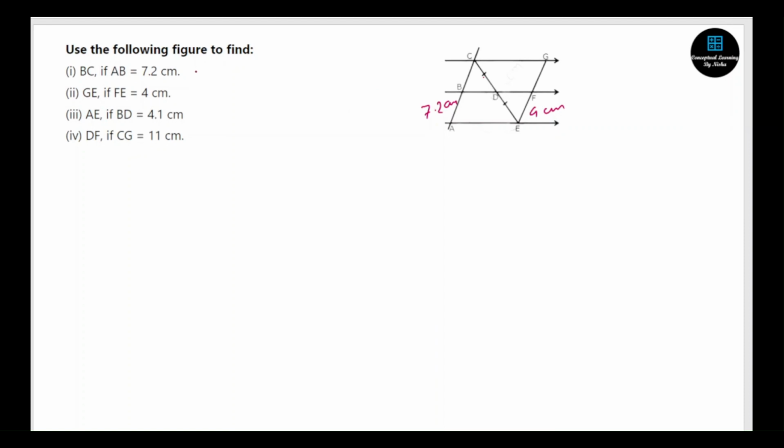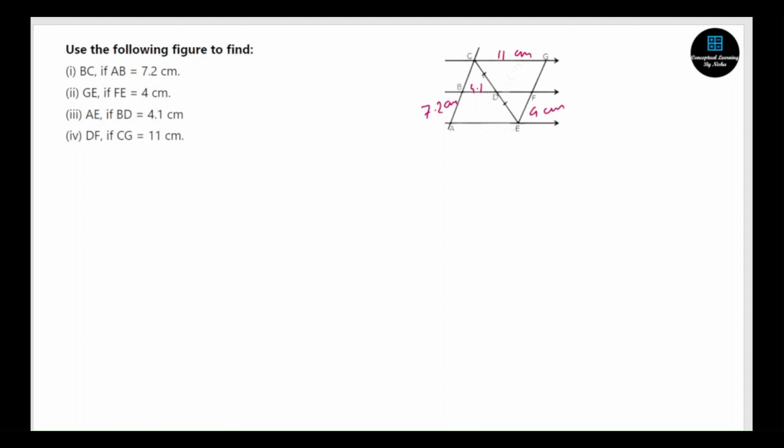Then BD is 4.1 centimeter, and CG is 11 centimeter, and we have to find some lengths. Okay, BC, GE, then AE and DF. All right, so let's do it.